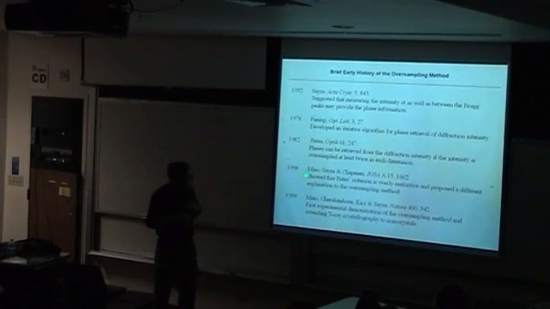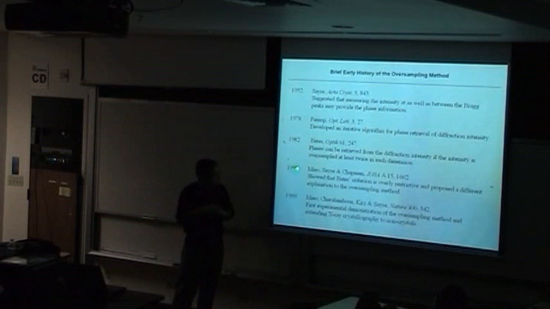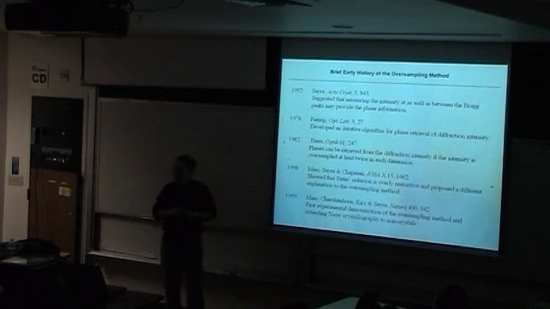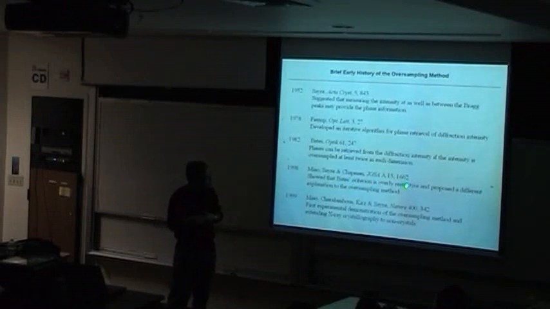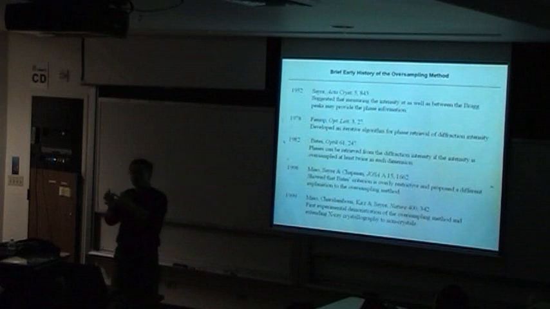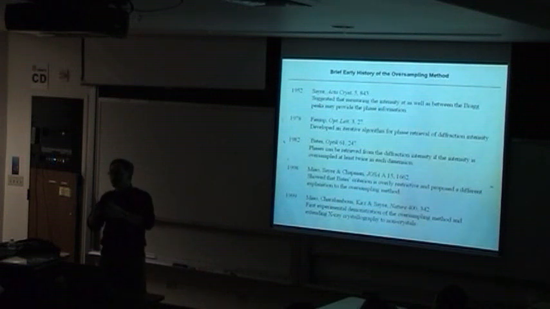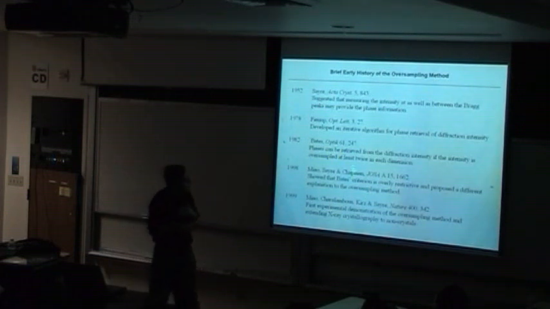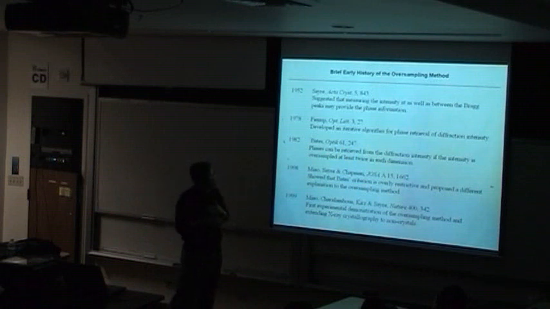But in 1998, at that time I was a graduate student. I joined and started that project in 1996. We showed that actually this criterion is overly restricted. So we proposed a different explanation. We use the number of equations and the number of unknown variables. So based on our criteria, we don't need oversampling twice in each dimension.